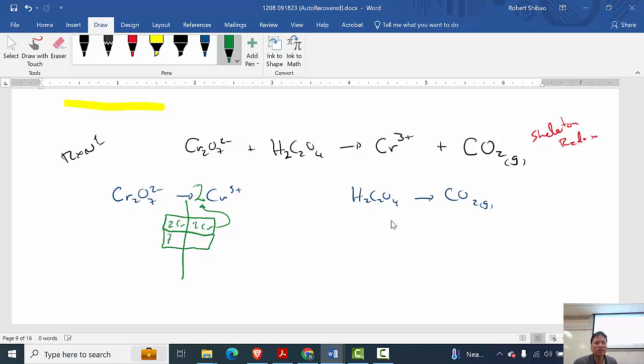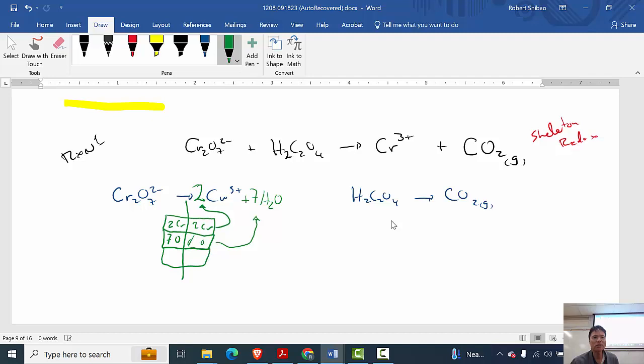So I have 7 oxygens and 0 oxygens. So how do I balance out the oxygens? I'm going to add H2O, and I'm going to add 7 H2Os. So if I add 7 H2Os over here, it's going to give me 7 oxygens.